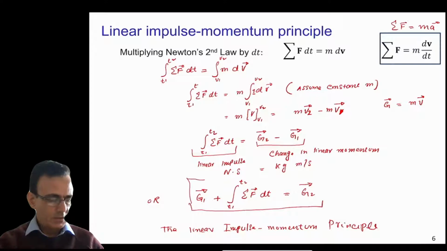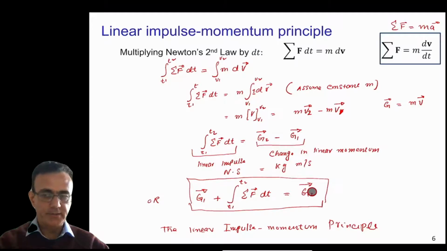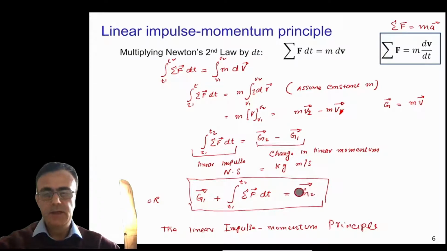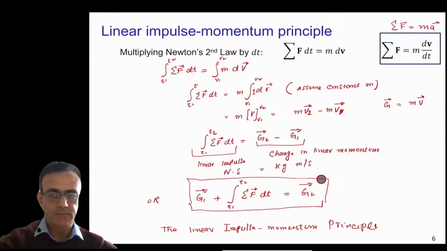So this equation that you see here is the linear impulse momentum principle, and it's telling you that if you take g1, which is the initial momentum of the body, and you apply this impulse to it, this impulse is changing the momentum of the body, and it will be moved from g1 to g2. So this is the equation of linear momentum here.